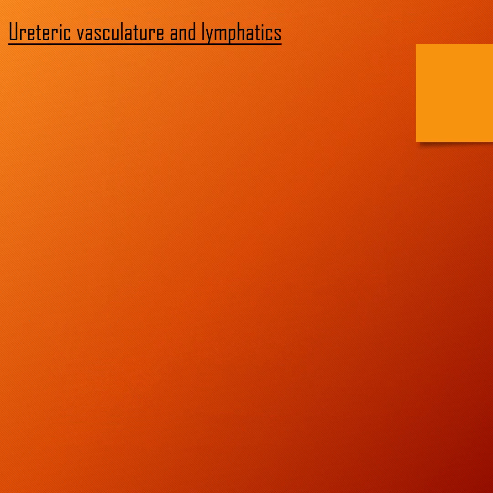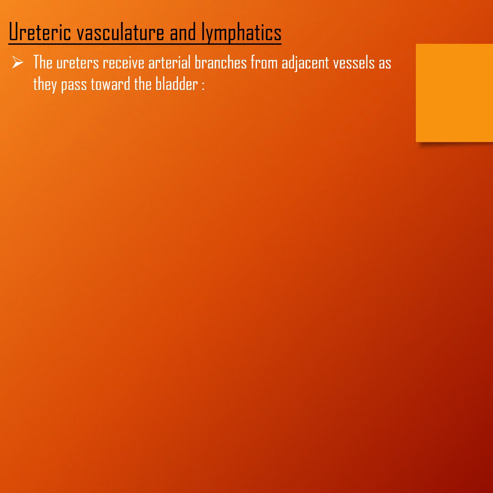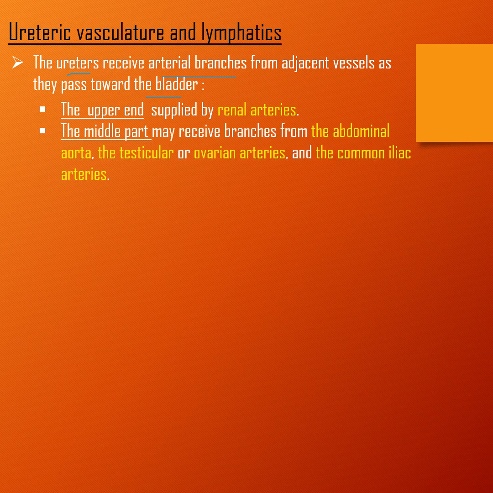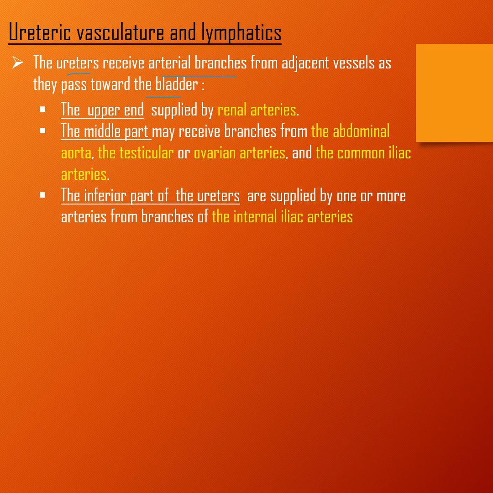Ureteric vasculature and the lymphatics. The ureters receive arterial branches from adjacent vessels as they pass toward the bladder. The upper end is supplied by the renal arteries. The middle part may receive branches from the abdominal aorta, the testicular or the ovarian arteries, and the common iliac arteries.